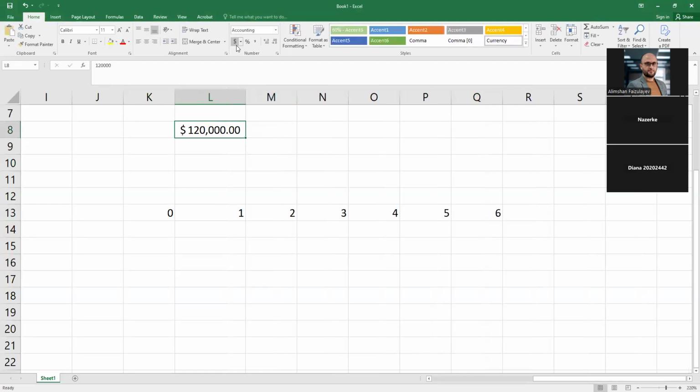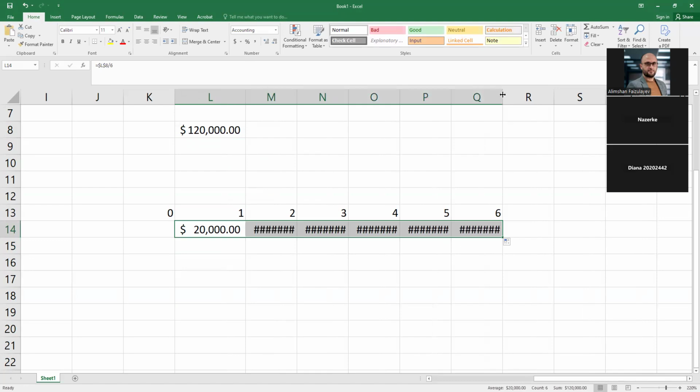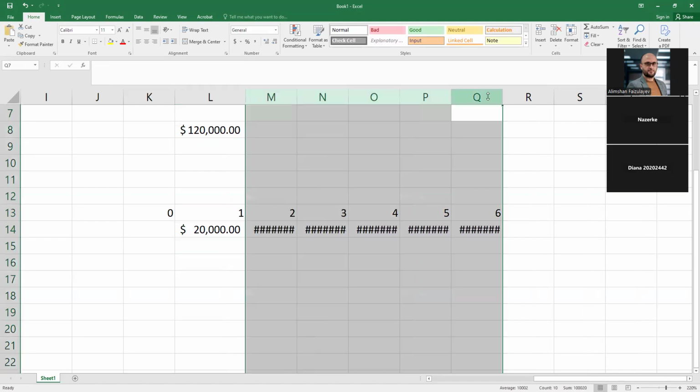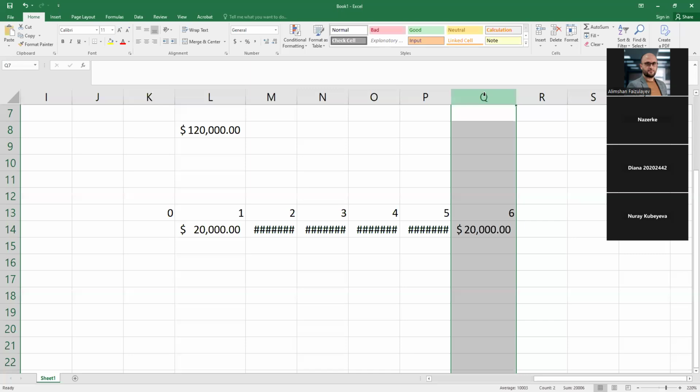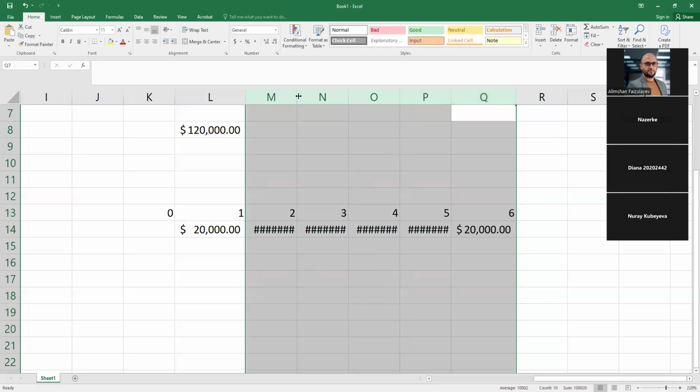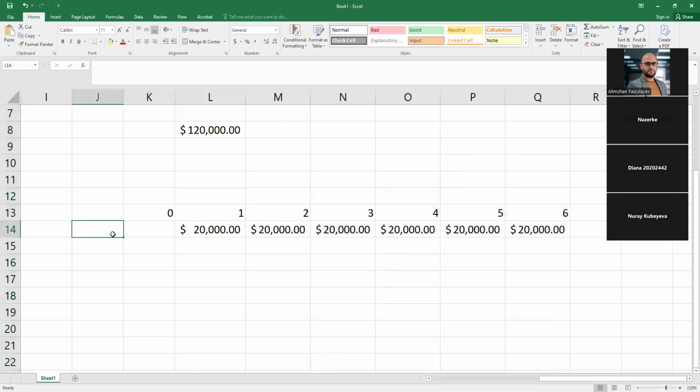And it's depreciated straight line to 0, meaning every year the depreciation value will be 20,000. This is for the old equipment. And this is the depreciation.